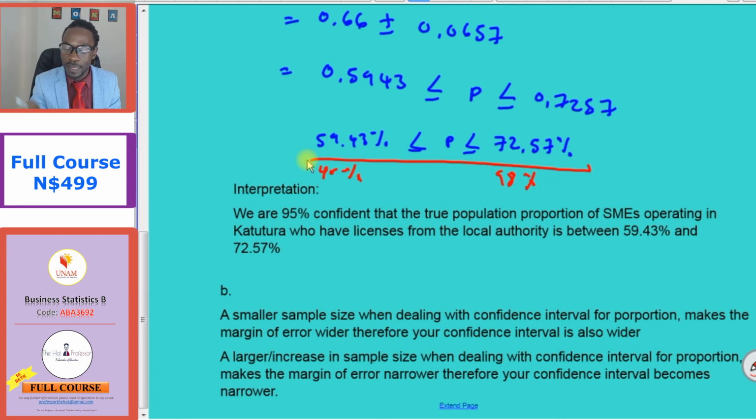When your sample size is larger, it makes it narrow, meaning this one will become maybe 65 up to maybe 69. Makes it very narrow when your sample size is larger. So that's just the relationship between sample size and confidence interval. That's the answer you needed to explain.